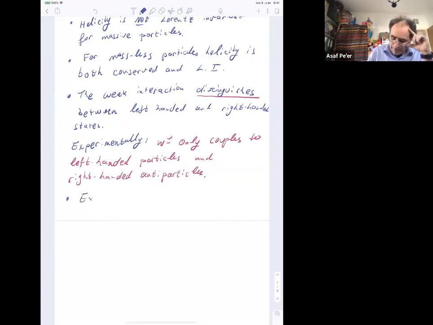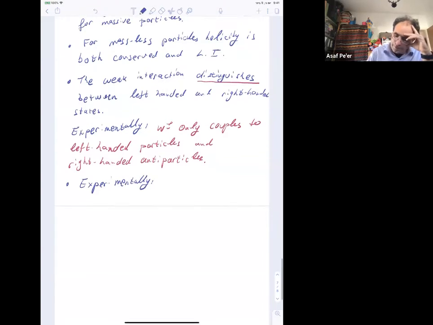So again, experimentally, neutrinos only exist in left-handed helicity states.